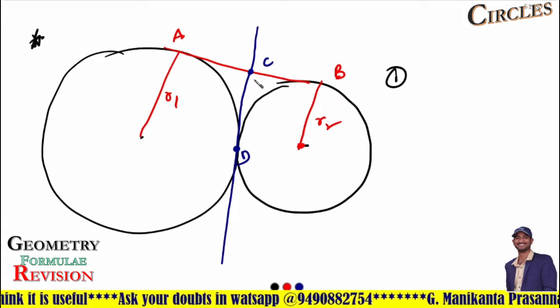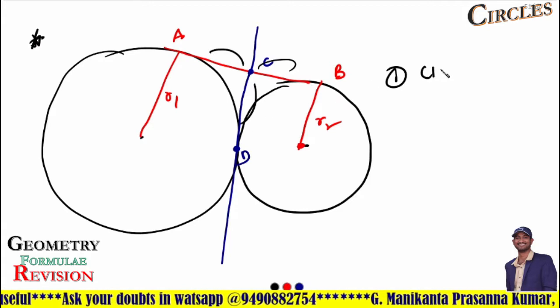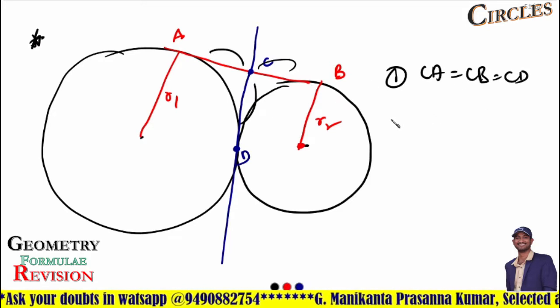Then the first point, CA, CB and CD are equal.